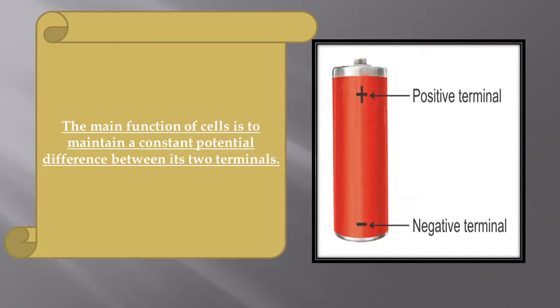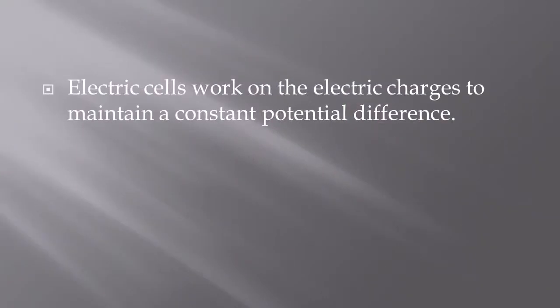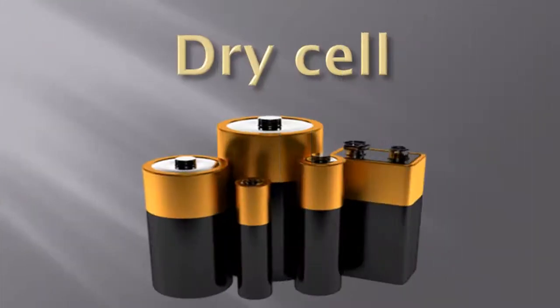So the electric cell works on the electric charges to maintain a constant potential difference, about which we will learn in this lesson only. Let us learn something about a dry cell. This is the second type of cell, the dry cell, and again this is used to convert chemical energy into electric energy.